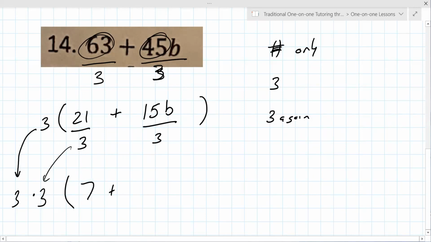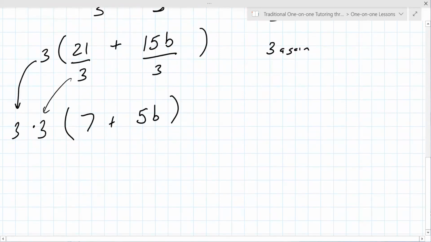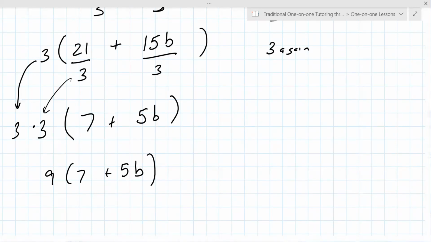Plus what is 15b divided by 3? 15 divided by 3 is 5. 5b. Good. Okay. Like you said, 3 times 3 is 9. That's what we should have chosen, but we didn't know any better. Is that okay?